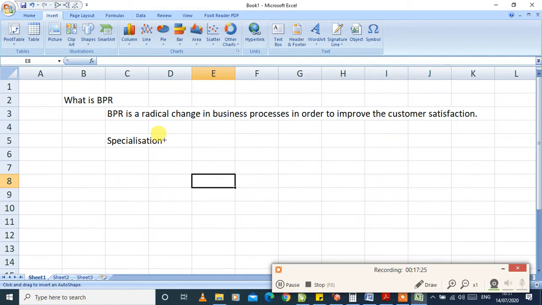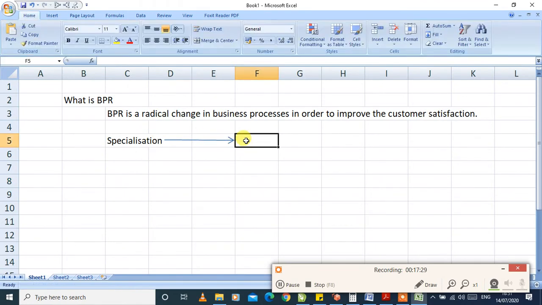This is just a short answer for you. What do I mean here? Currently, people are working in certain departments, and if somebody is a specialist. So what I'm trying to say is, before BPR, people work in different departments, and in each department they work on particular machines.